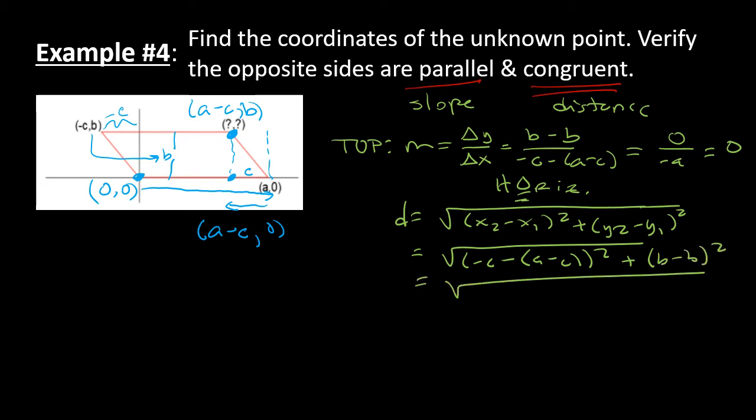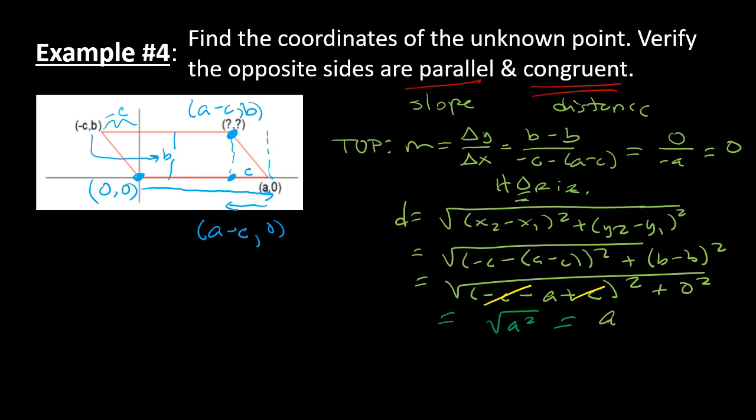So underneath my square root, I have negative c minus a plus c squared plus 0 squared. If I take a peek here, this negative c and this positive c cancel out, and negative a squared is a squared plus 0, and the square root of a squared is a.